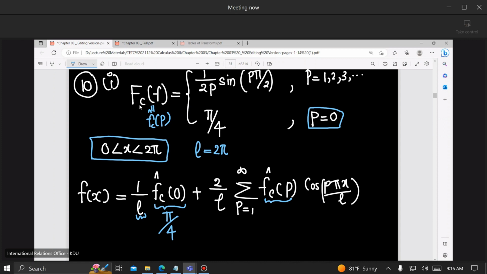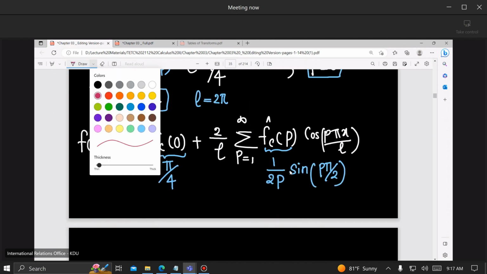And the next one, f hat c p, is this expression for the other values of p from 1 onwards. So we have to substitute 1 over 2p sine p5 over 2 here.